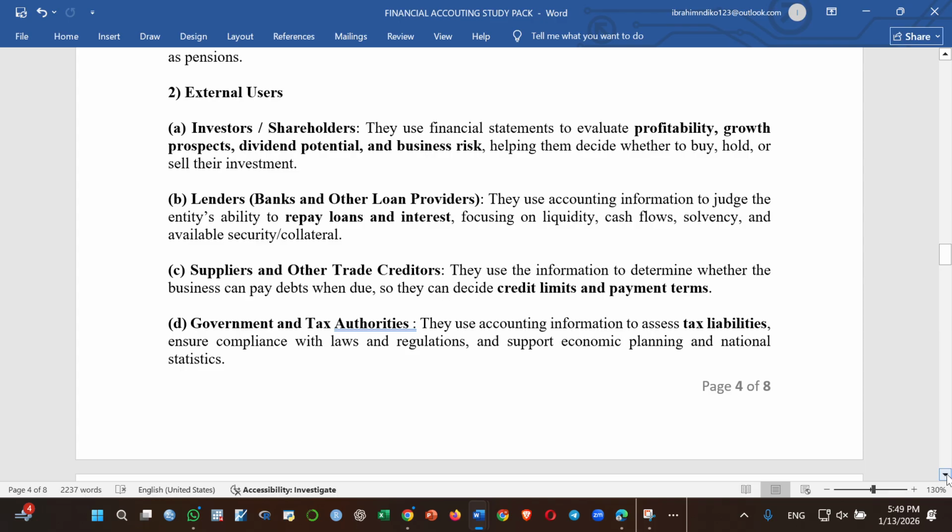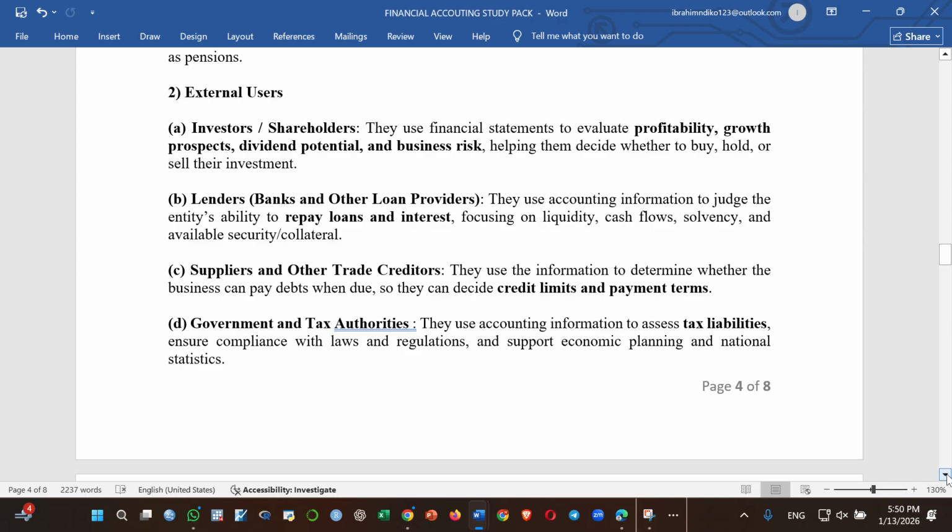Number two, lenders. Why would lenders want this information? They want to know the accounting information to know if the company is able to pay loans together with the interest. Number two, they want to know if the company has enough assets for what?